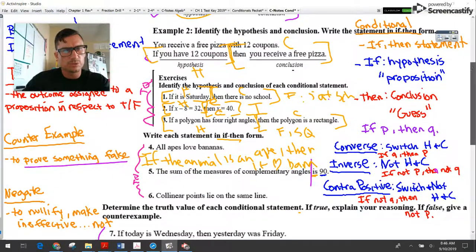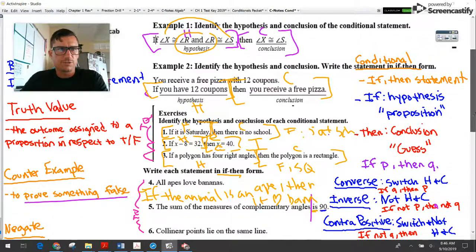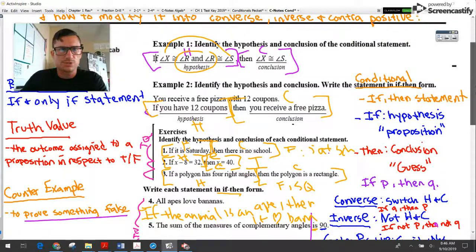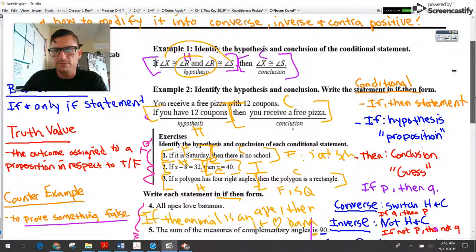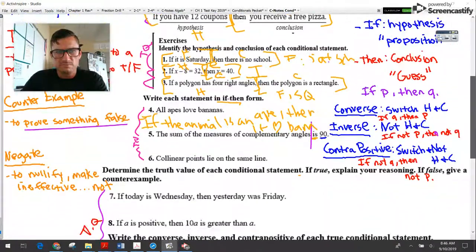Looking over here, a review on the left-hand side: we have counterexample, and that's to prove something false. The truth value is important to know, and that's the outcome in respect to true and false. So if they say, what's the truth value? You're going to say, is the statement true or false? If it's false, give a counterexample.